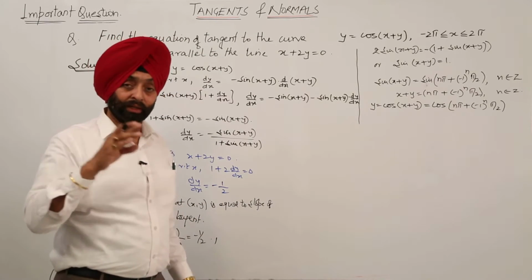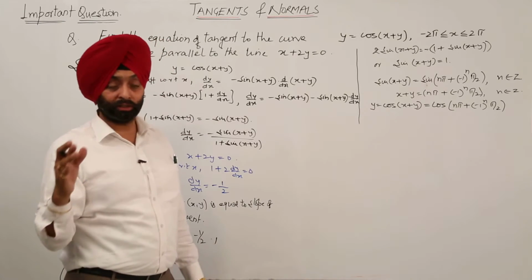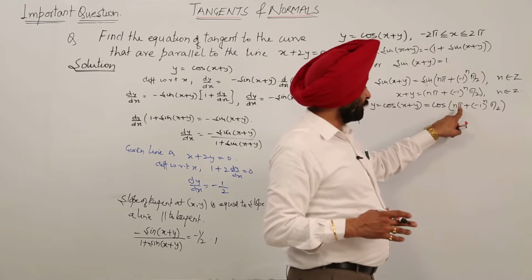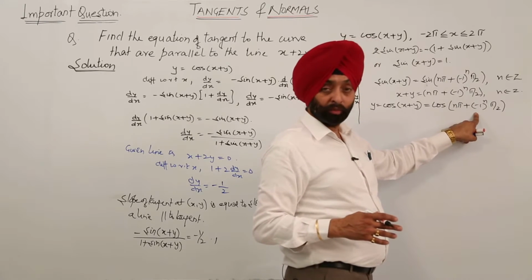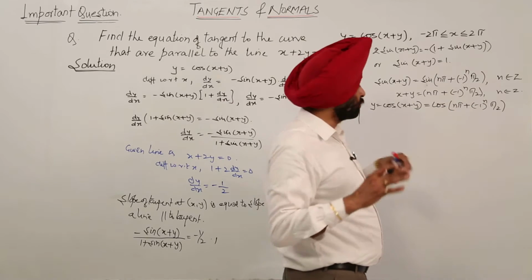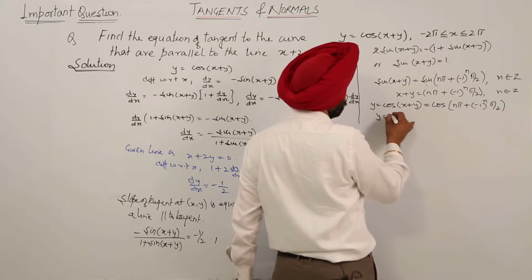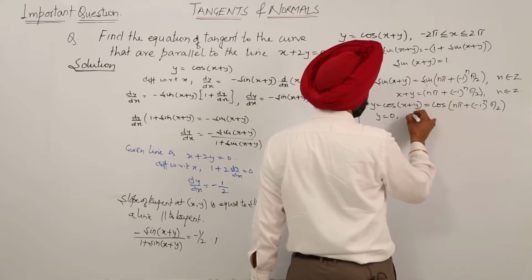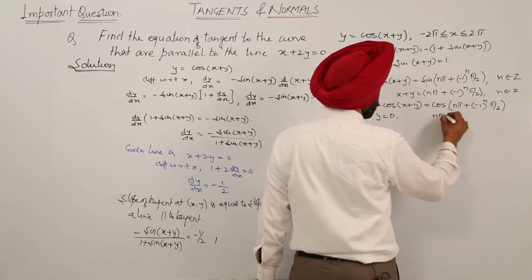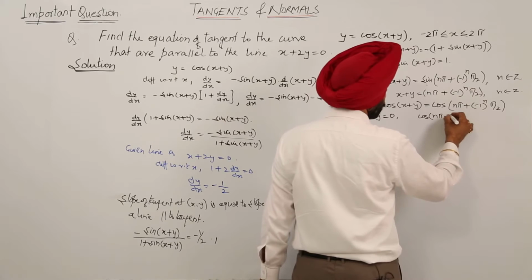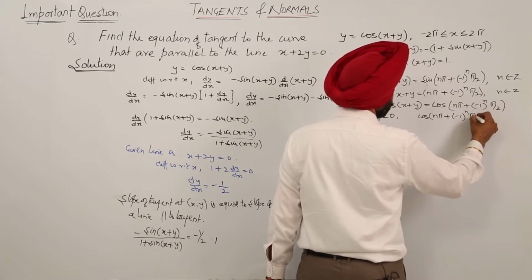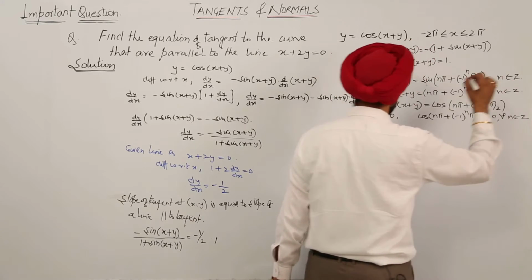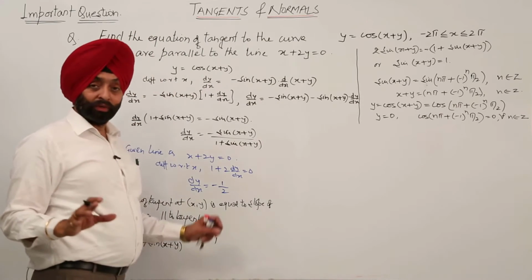If we put n as 1, 2, -1, -2, then when you put n as 1, the result will be π - π/2, that is π/2, and cos π/2 is 0. So always we will be getting 0. So y = 0: cos(nπ + (-1)^n π/2) is equal to 0 for all n belonging to Z.